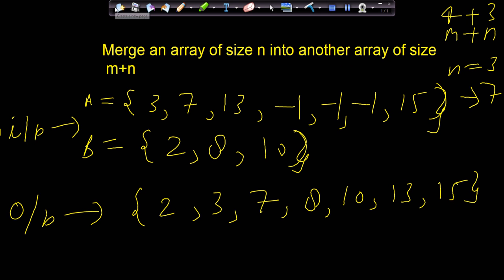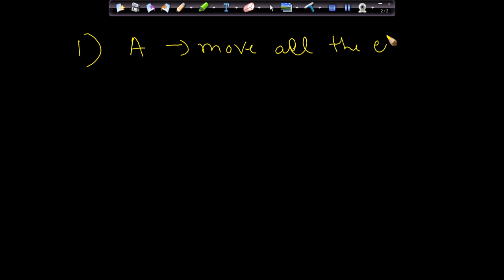So how we are going to achieve it is we'll move all the positive elements of array A to the end. We are going to move all the elements to the end.